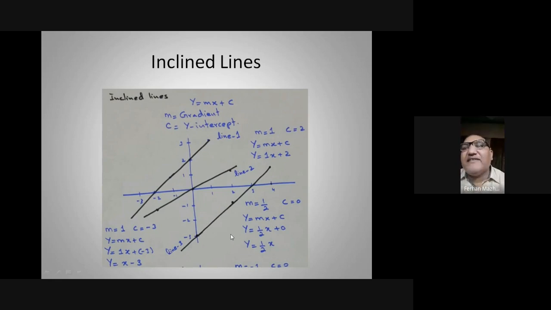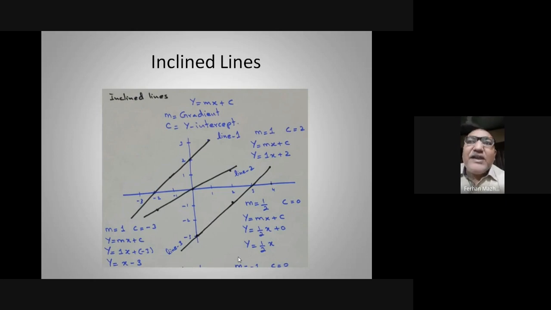The process is very simple: you write y equals mx plus c, where m is the gradient and c is the y-intercept. I substitute the values: m is 1 by 2, so we have 1 by 2 into x, plus c which is 0. Plus 0 means nothing, so y equals 1 by 2 x. That is the equation of line number 2.